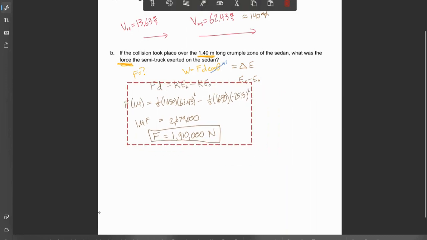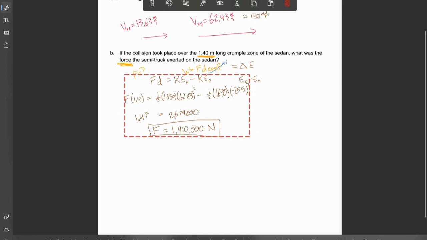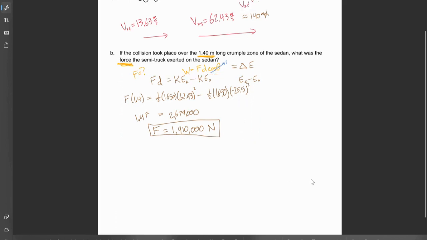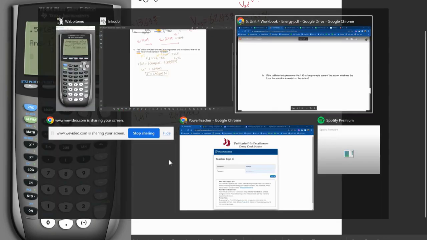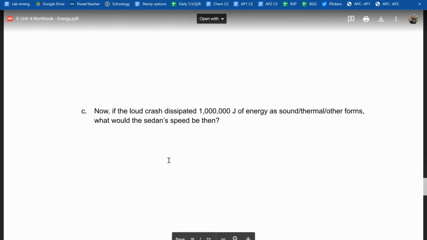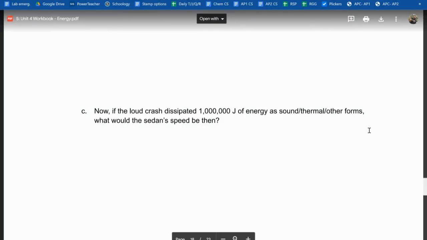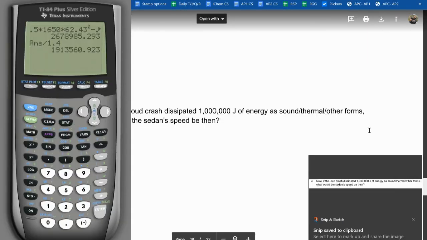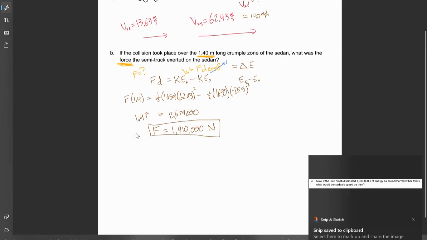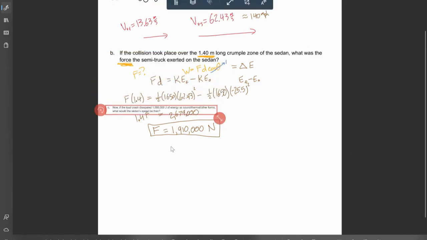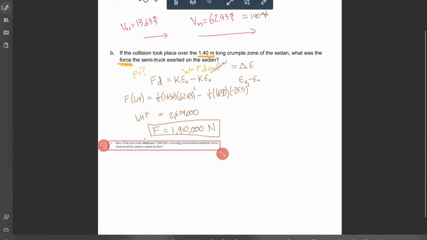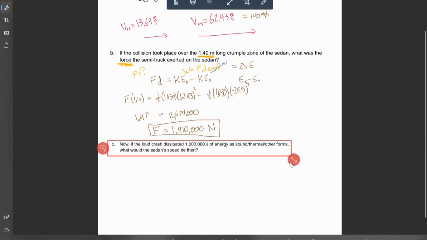Okay, so I'm just going to slide this up so we have a little bit more room for part C. All right. So part C, last part. Let's say that this loud crash dissipated 1 million joules of energy as sound or thermal or something else, right?